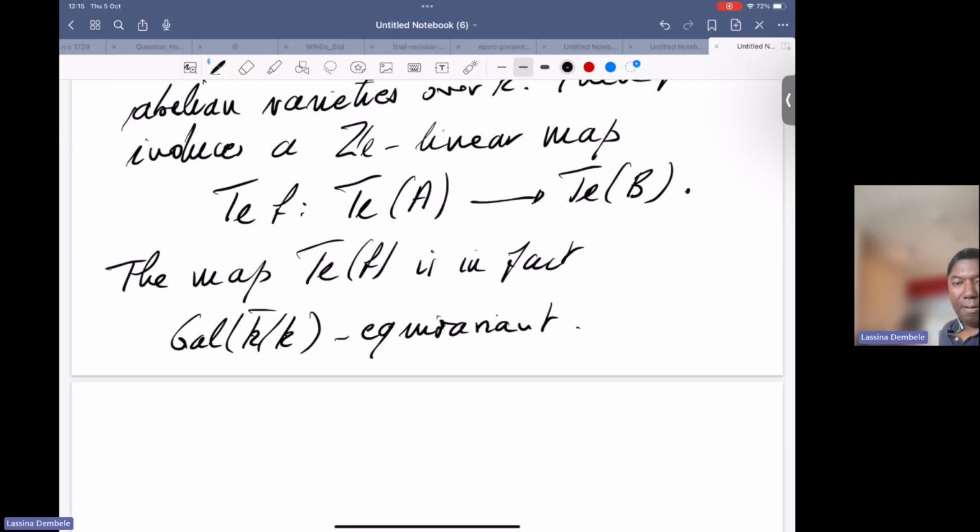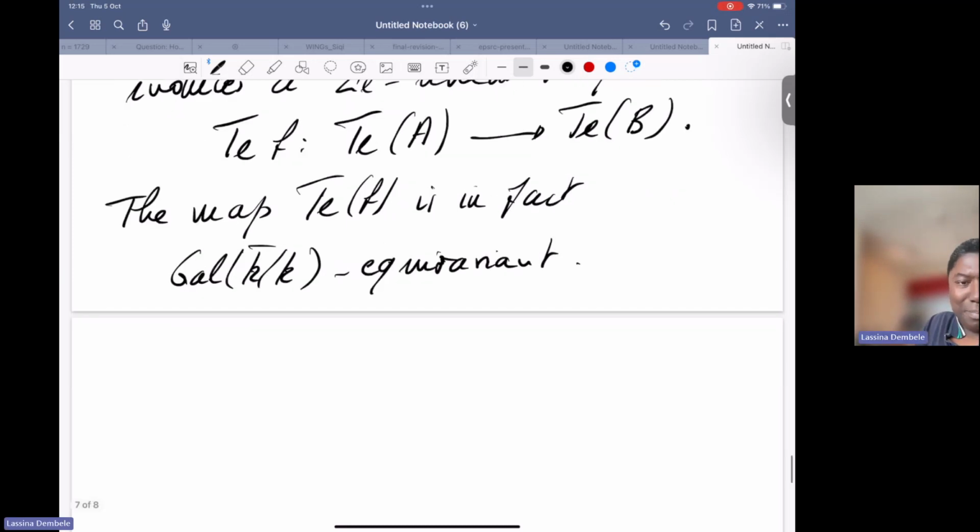Right, and of course this map is defined in a very natural way.